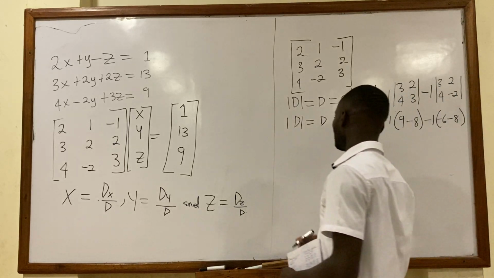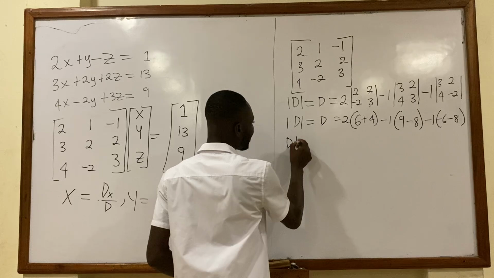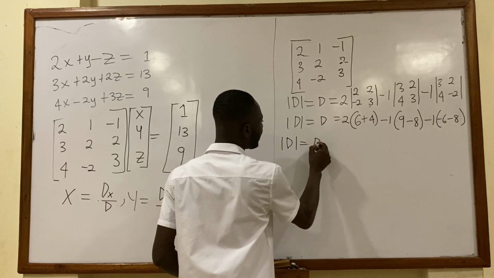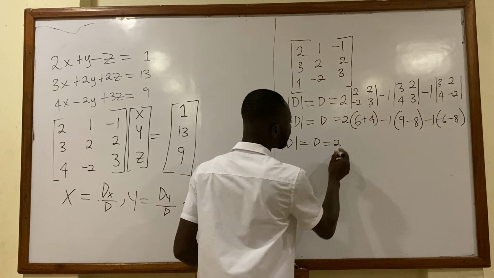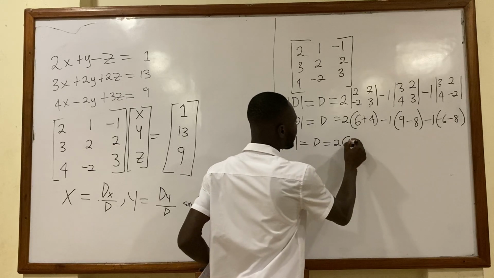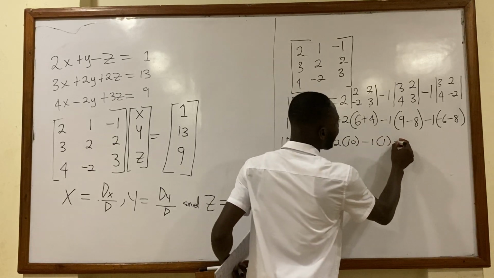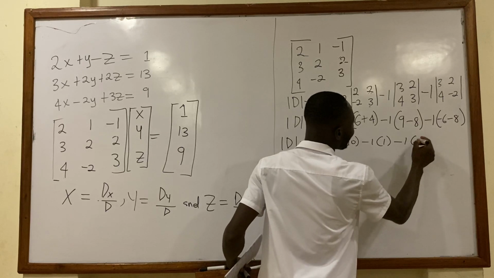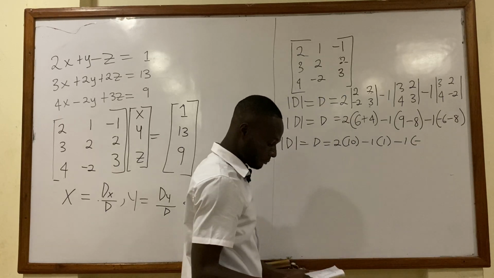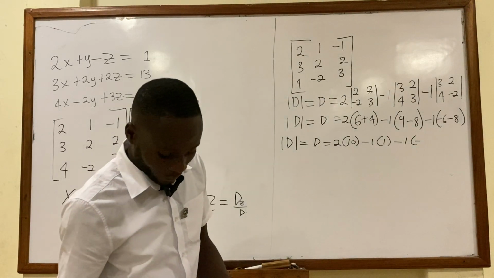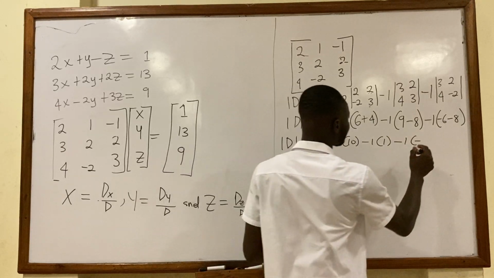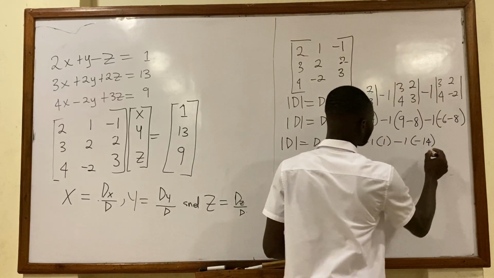Good. So now we have the determinant D is equal to 2 into 10, minus 1 into 1, minus 1 into minus 14, right?